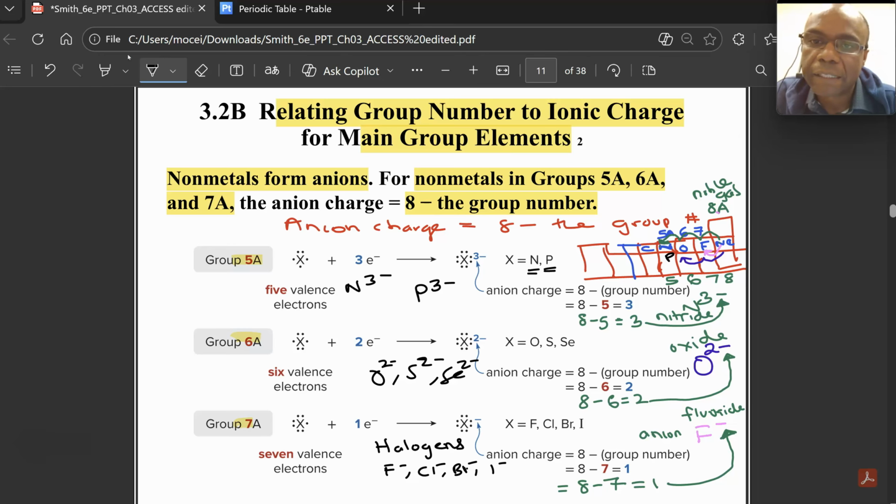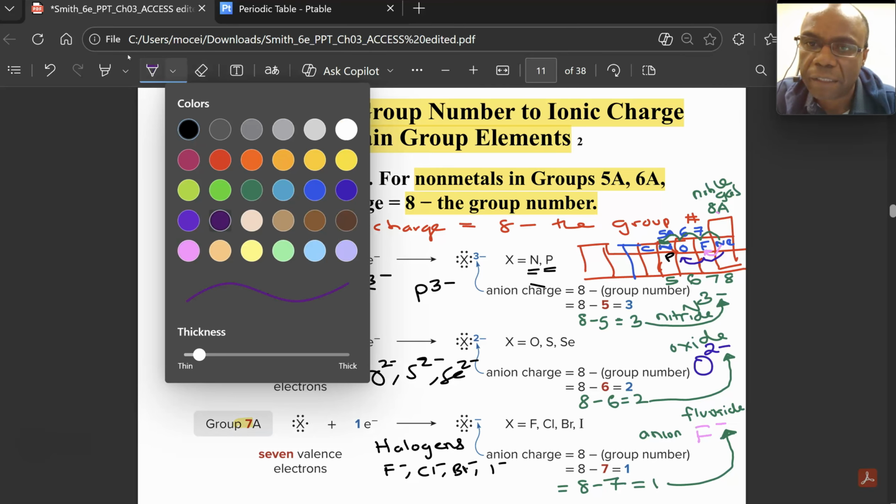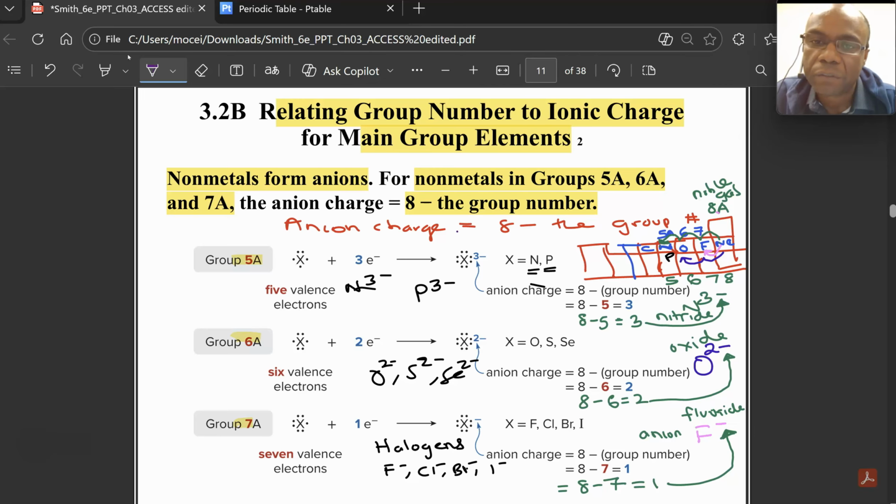Now since these are nonmetals, we can also explain using the chemical reaction. Let me change the color to purple. So if you're in group 5, the valence electron count is going to be 5.